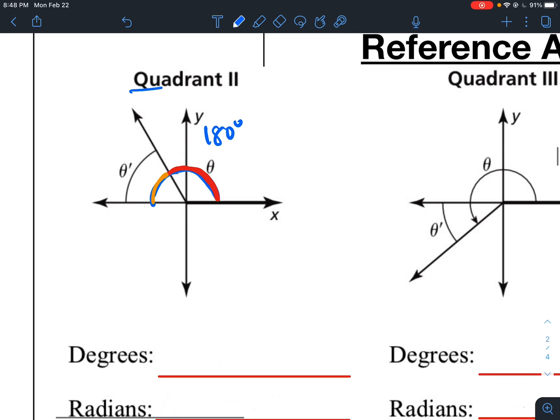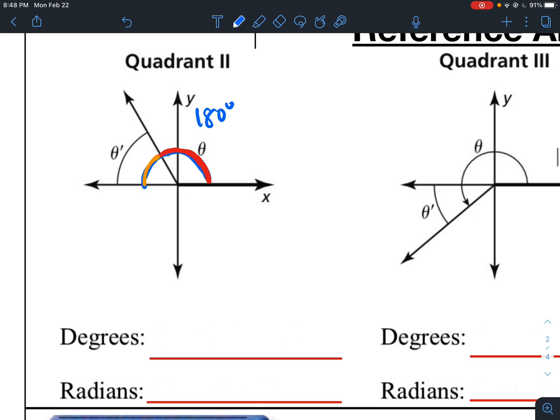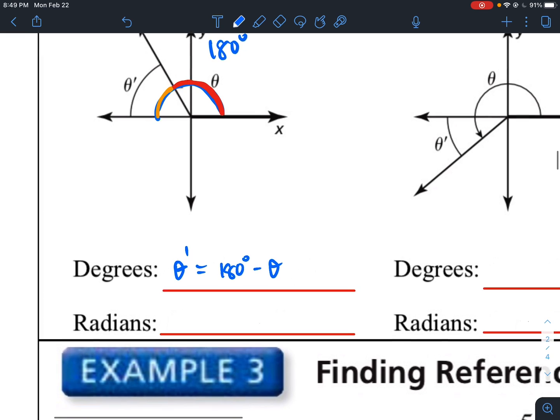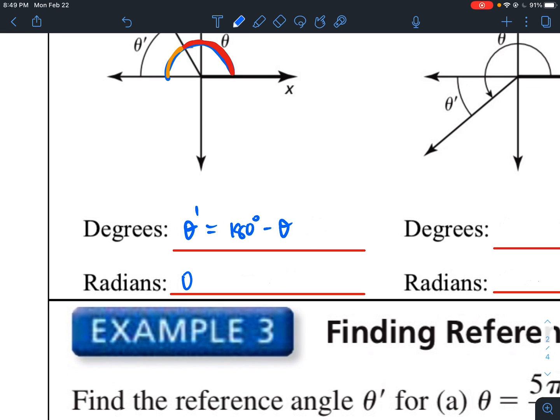This is if the terminal side lies in quadrant 2. Then the reference angle is equal to 180 degrees minus theta, where theta is the angle the terminal side rotated. In radians, we know that 180 degrees is equal to pi radians, so we subtract theta from pi.